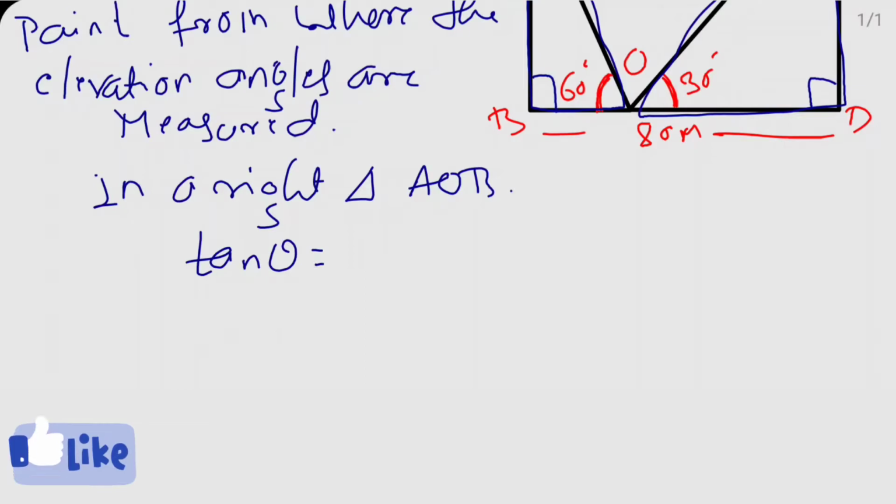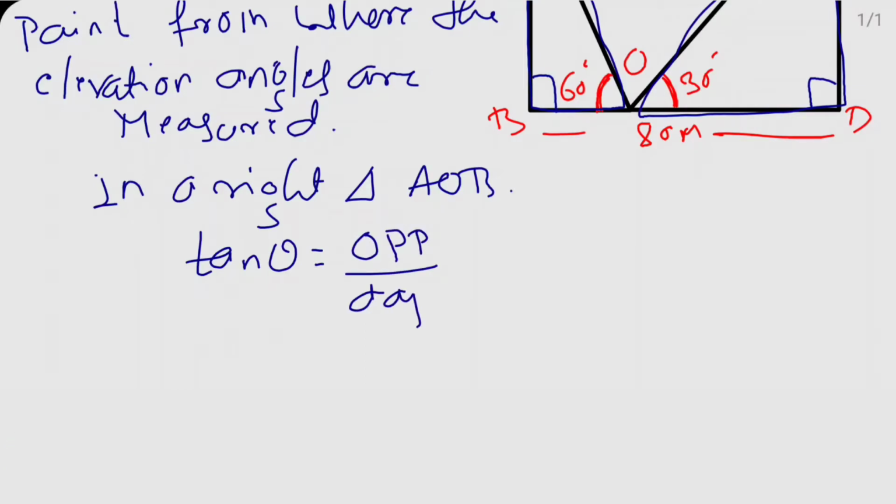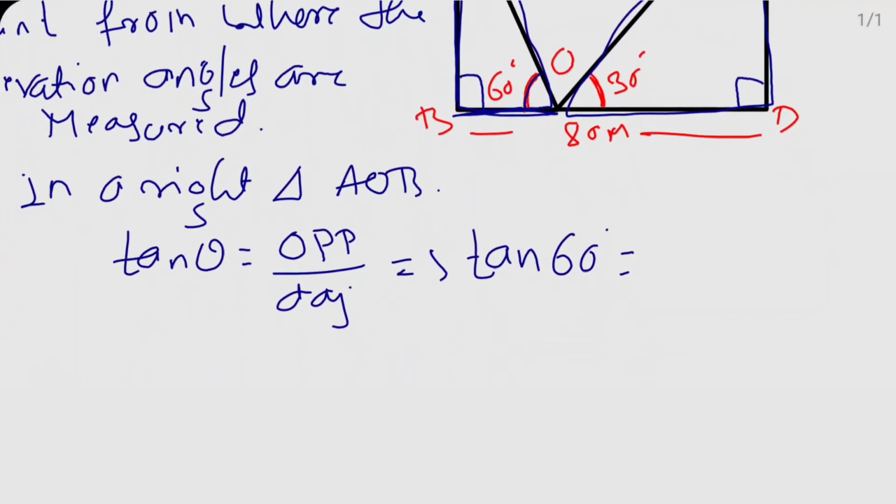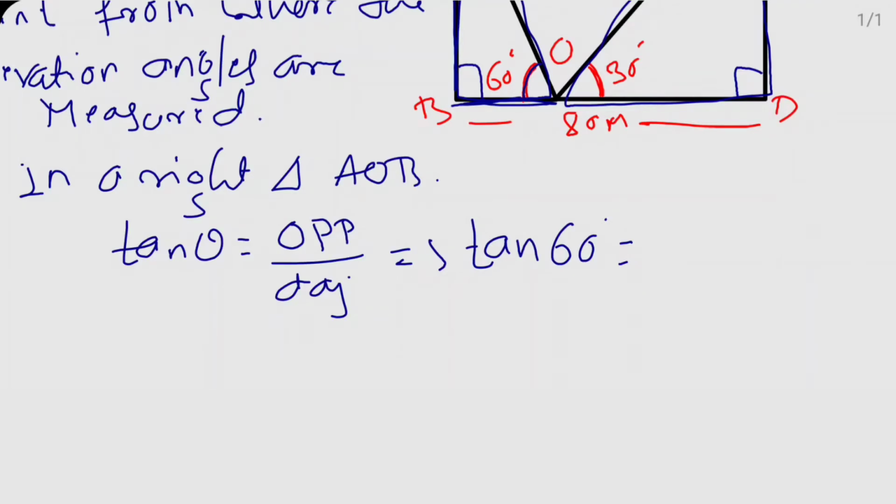tan theta equal to opposite by adjacent. This implies tan 60 degree equal to opposite. So look at the figure. When we consider 60, that time opposite is AB and adjacent is OB. So write down here, AB divided by OB.